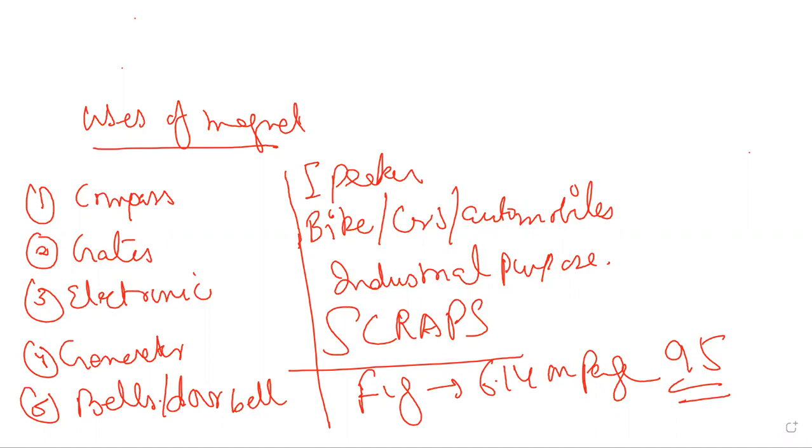They are also used in maglev trains, short for magnetic levitation, the fastest trains in the world till date with speeds above 500 kilometers per hour. These trains float up over a guideway, which is like floating in air. The principle is the repulsion between the poles of magnets in the guideway and the bottom of the train. The repulsion lifts the train off the guideway.